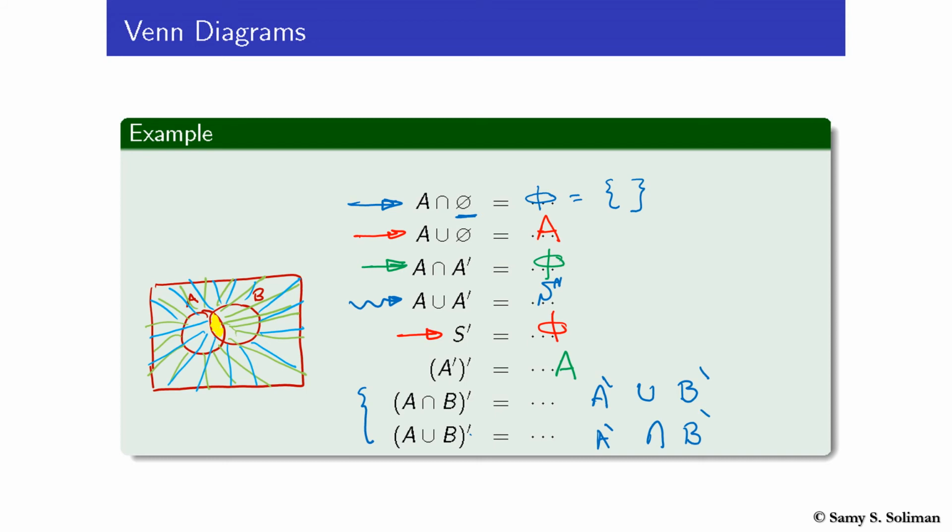So the complement is the remaining part, which are the parts shaded green only, like here, or blue only, like here, or shaded green and blue. This is the definition of the union of two events, where the two events are the green and the blue, which are the complement of A and the complement of B. So the complement of an intersection of two events is the union of their complements.